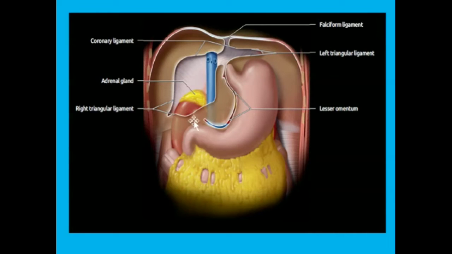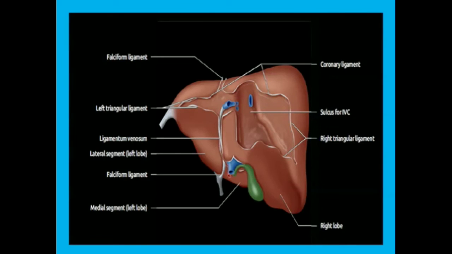The falciform ligament attaches the liver to the anterior abdominal wall. The bare area is in direct contact with the right adrenal gland, right kidney, and IVC. The posterior view of the liver shows the ligamentous attachments, which may help to fix the liver in position.